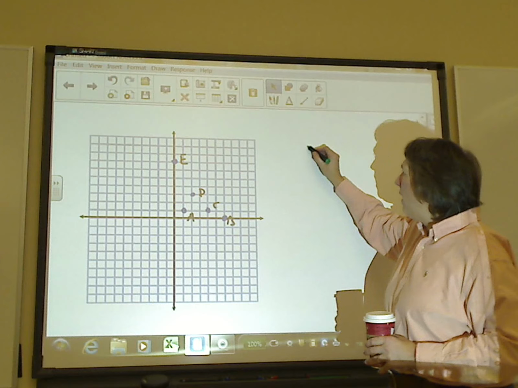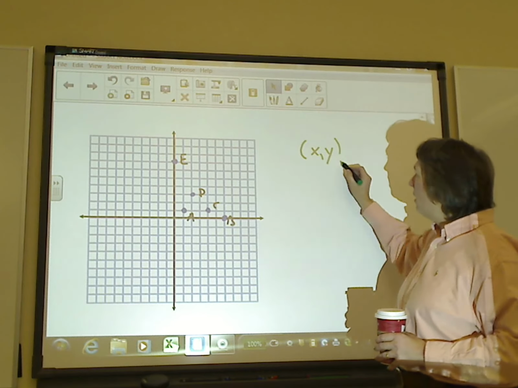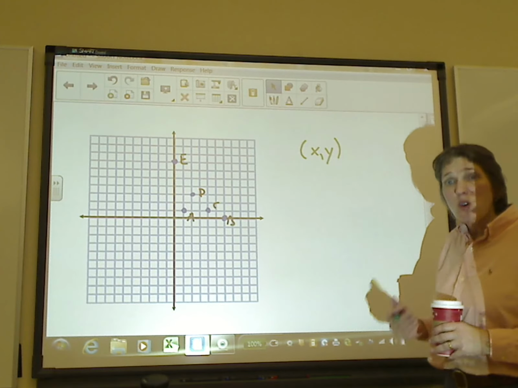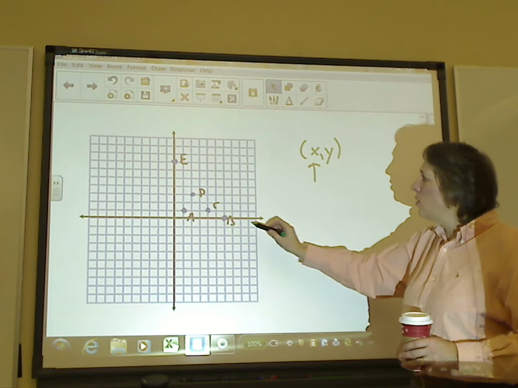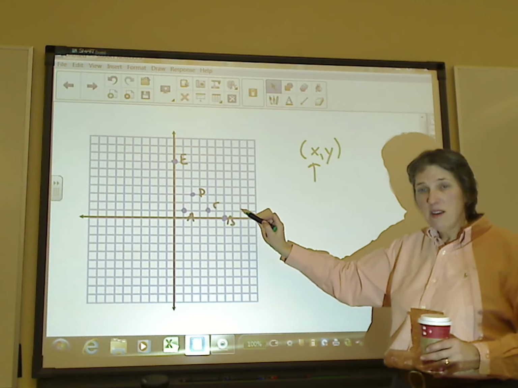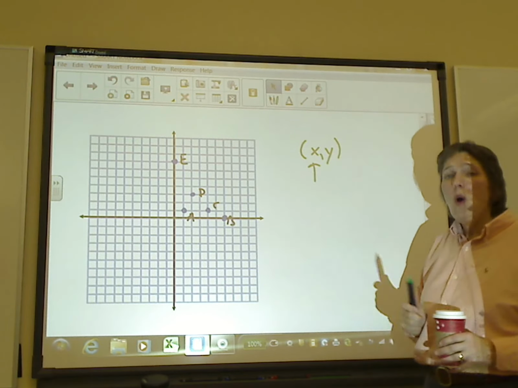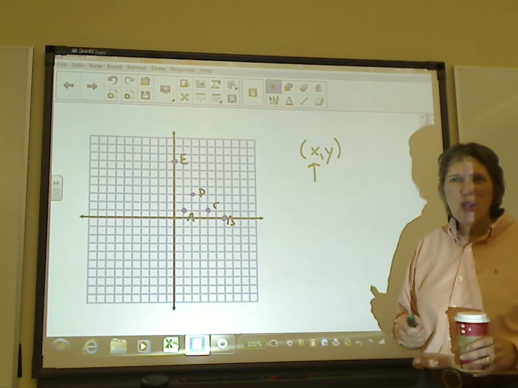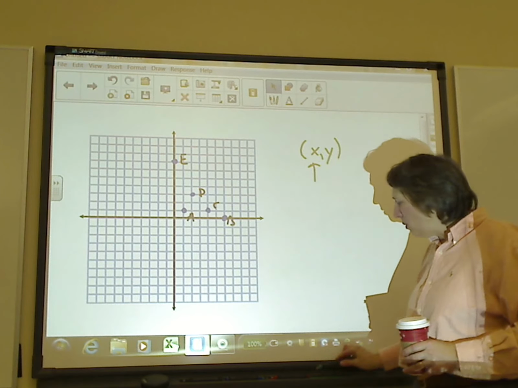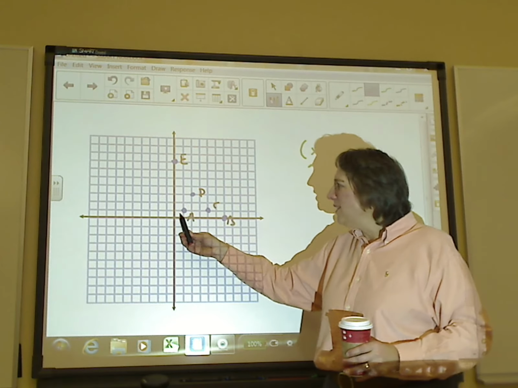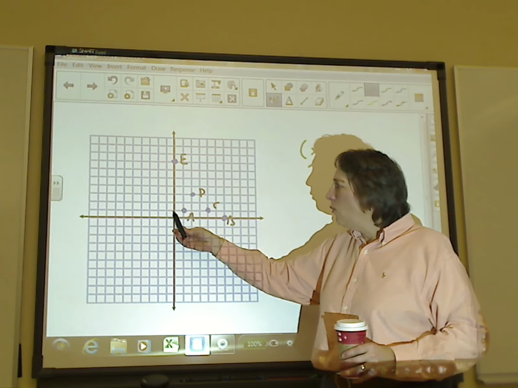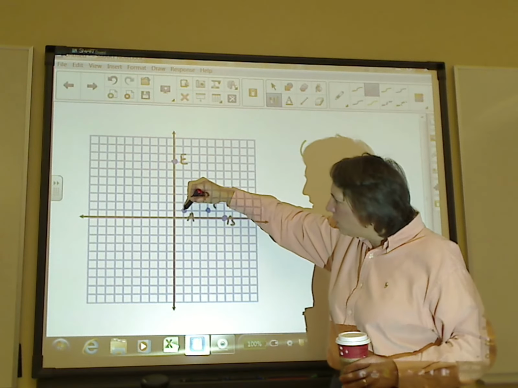The ordered pair is written as x comma y, where the x-coordinate is the value associated with the x-axis, and the y is the y-coordinate associated with the y-axis. What on earth do I mean by that? If I go to point A, what is x and what is y when this point is right here?